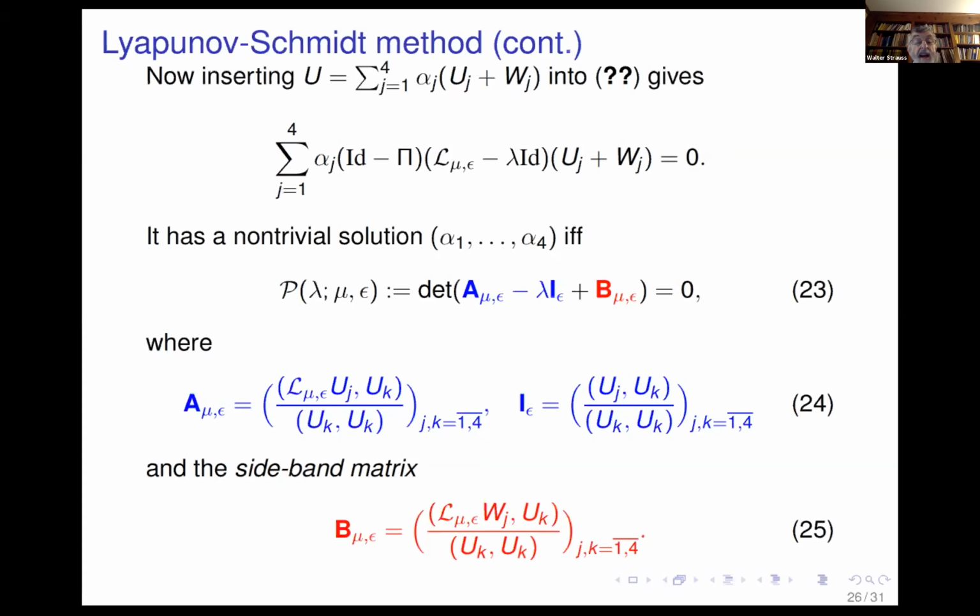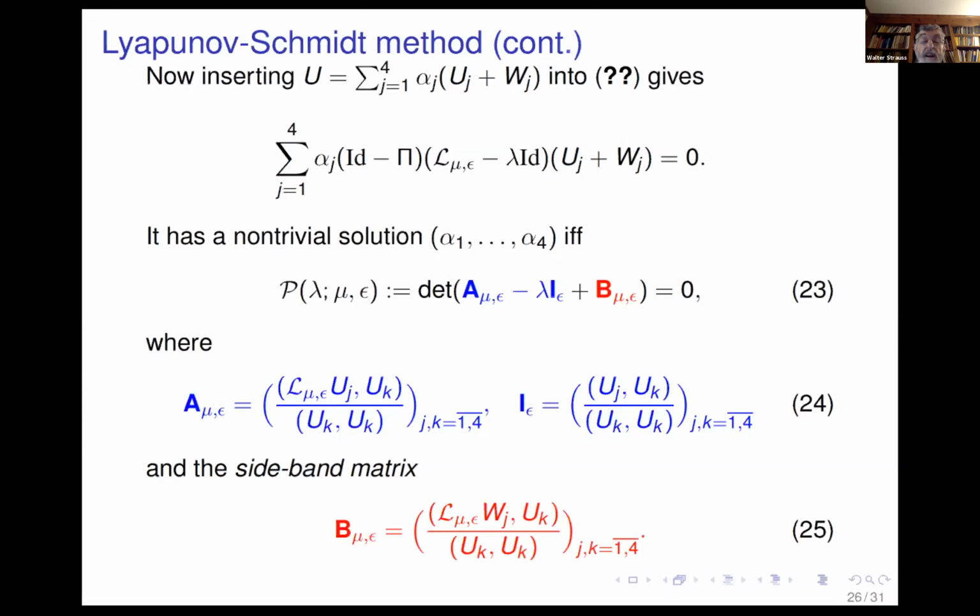If we ignore the so-called sideband functions W, then the A matrix, a 4x4 matrix, is just basically L UJ UK, normalized. And the B is L WJ UK, which you usually ignore. We call that the sideband matrix. And I epsilon is almost the identity. I'll skip the details there.